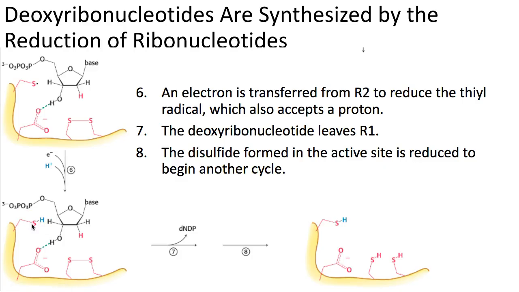And then from there, going into step 7, now you have this reduction of that ribonucleotide, so now it can be released and it leaves this R1 position, and then from there, you have this disulfide bond, and this needs to be reduced, and then once it is reduced, it can begin the cycle all over again.